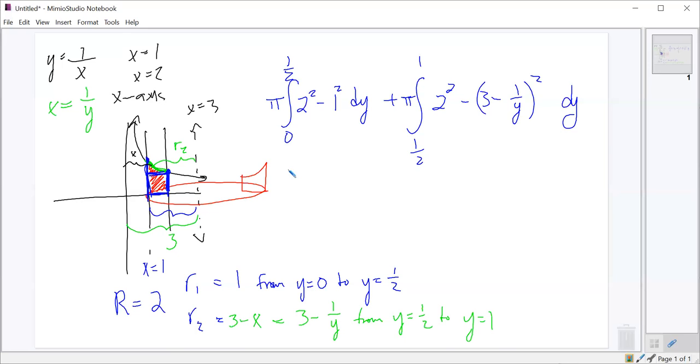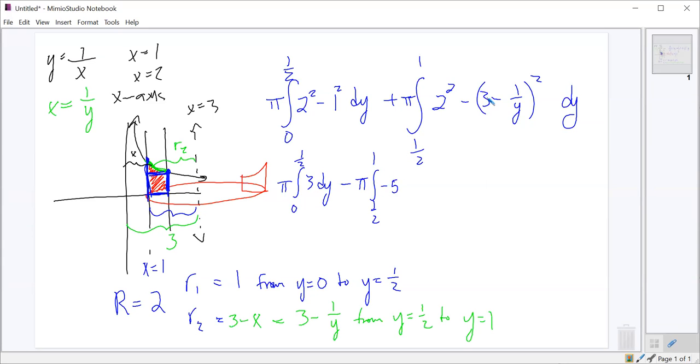Yes. Great. So I don't know if we want to evaluate this out, we could do pi times the integral from 0 to 1/2 of 3 dy, and then plus pi times the integral from 1/2 to 1. Let's see, 3 minus 1/y squared is going to give me a constant of a 9, right? So I'm going to have a 4 minus a 9, so I'm going to have a -5 there.